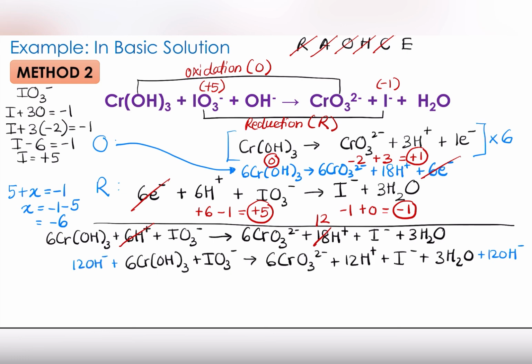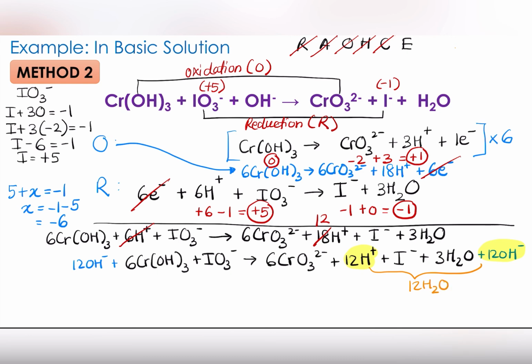So it means that bahagian kiri kita akan tambah juga kerana kita mesti balance walaupun bahagian kiri tidak mempunyai H+. Tapi bahagian kanan ada H+, kita tambah 12 OH minus, kita kena sama adil. So now for these two, what I'm going to highlight here akan bergabung untuk menjadikan 12 H2O. So both of these akan jadi 12 H2O.